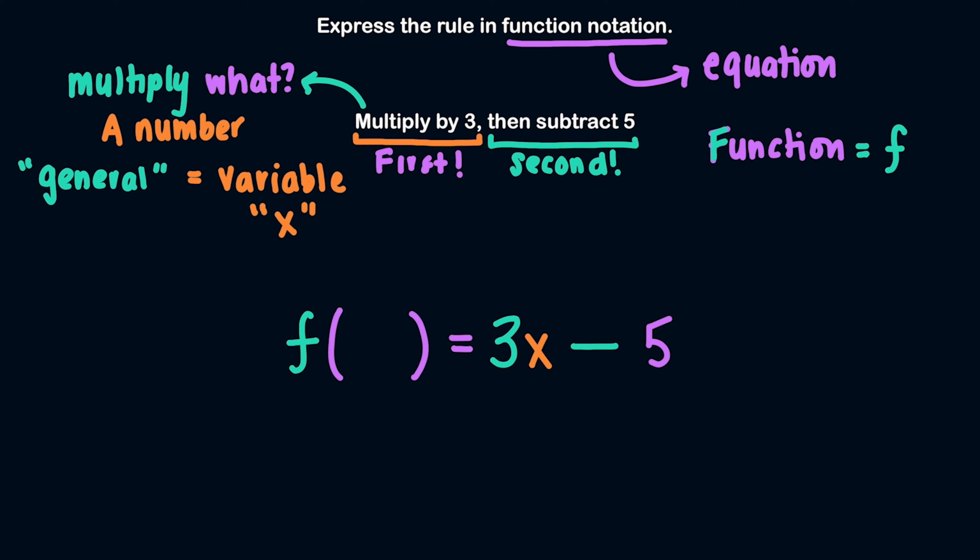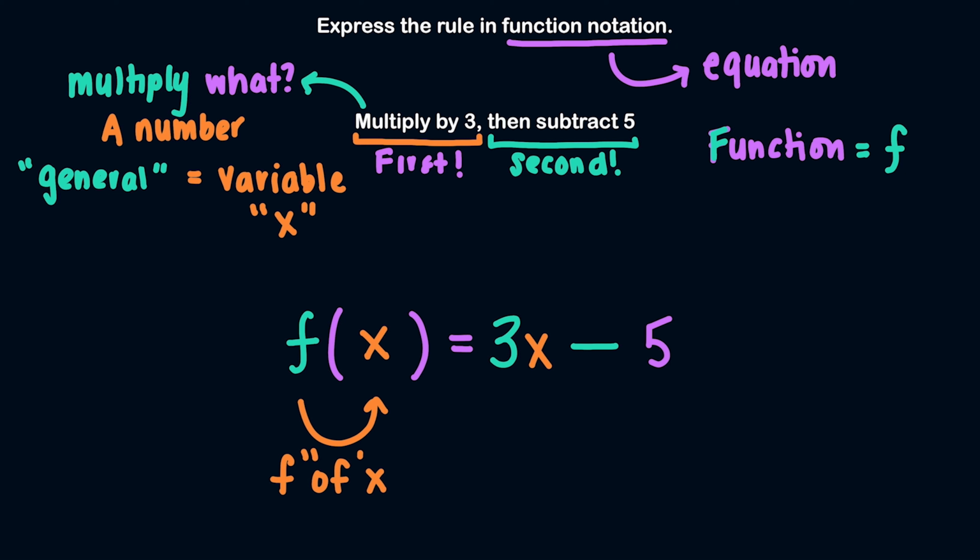And what did we say? Did we say a specific number or did we make it general? Yeah, you're absolutely correct. We made it general. We opened it up to all possibilities, and we used that variable x. So the x goes in the parenthesis, and that's basically what this means. That means f of x.